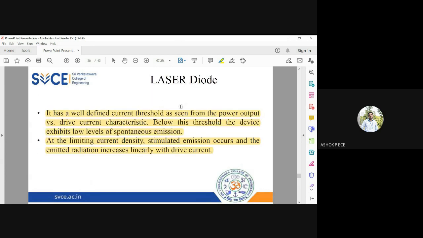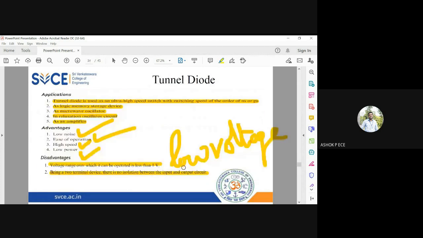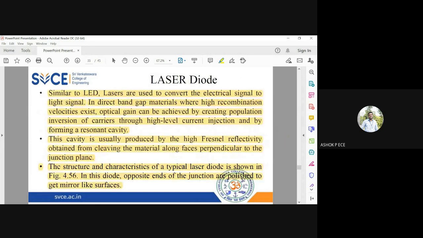Any queries on laser diode? We are not studying the laser diode in depth here. We are just studying the operating principle, because that alone is required from the subject perspective. You need not study the in-depth working of lasers.